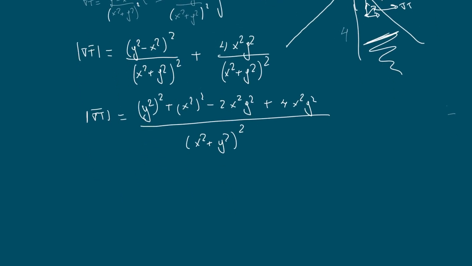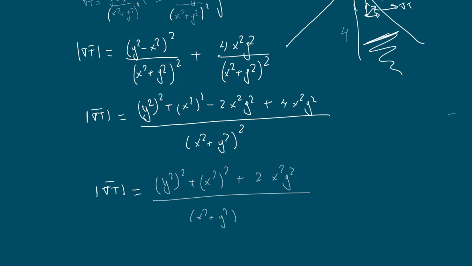So the magnitude of the gradient of T will be minus 2 plus 4 is 2 x squared y squared. So it will be y to the fourth plus x to the fourth plus 2 times x squared y squared divided by x squared plus y squared, squared.